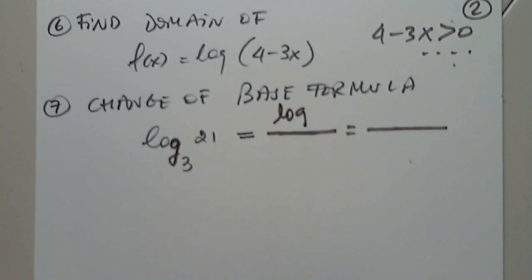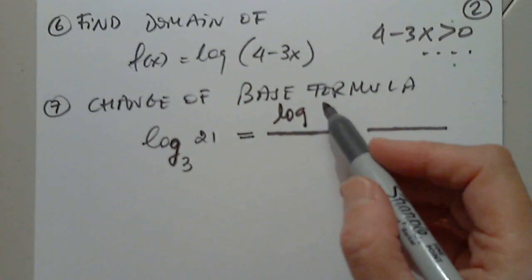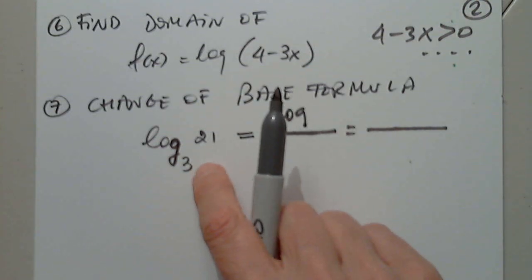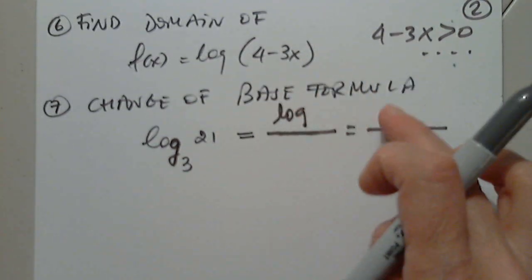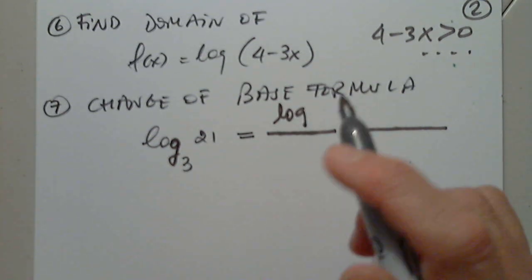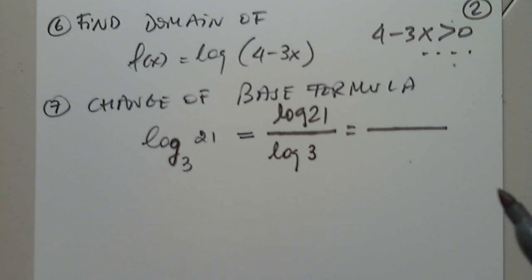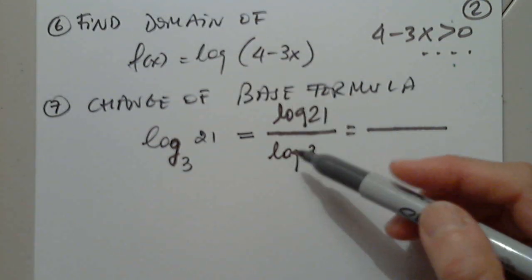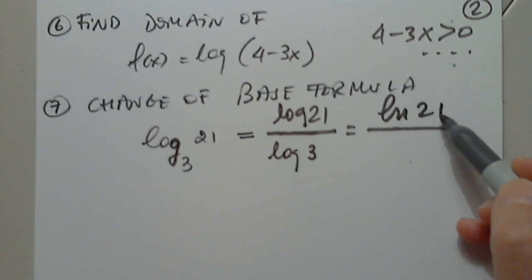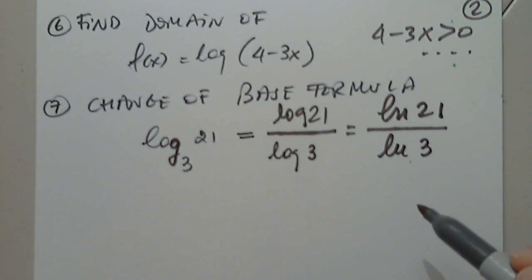Yes, go ahead. Is 3 the base? True, but we want to use the base of the change of base formula. Either log 21 over log 3, or the same thing with natural log: natural log 21 over natural log 3.